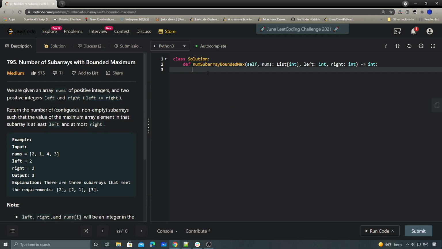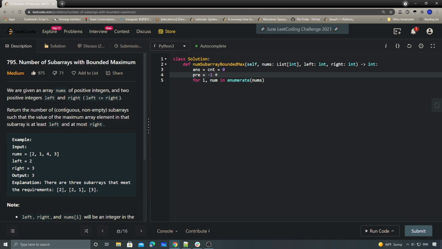So we have answer, and then I have a count. The count will be 0, and then pre equals -1. And then for i, number in enumerate numbers.